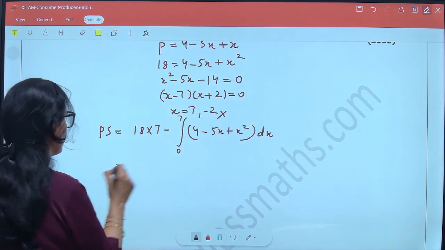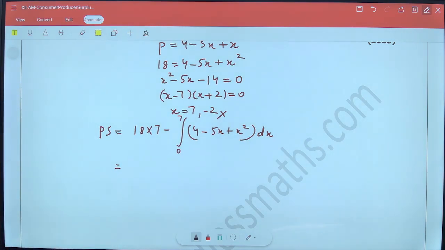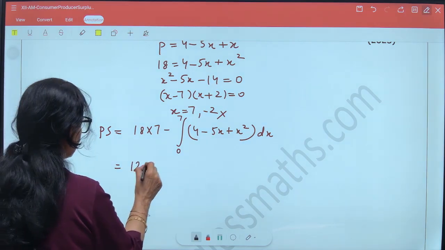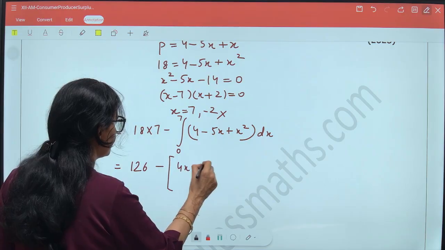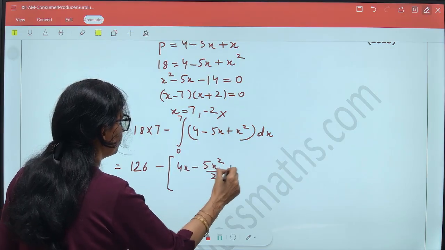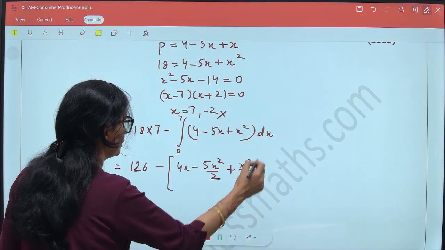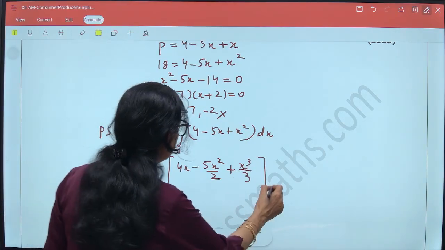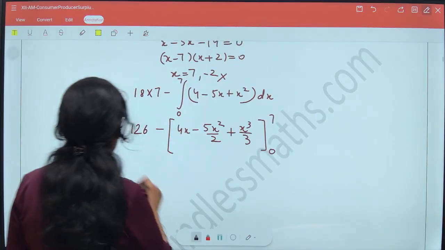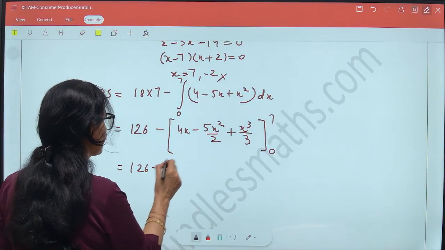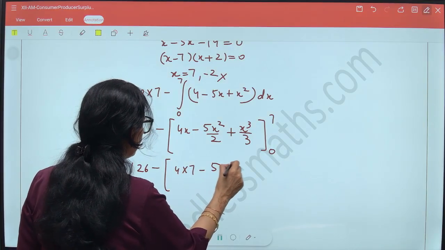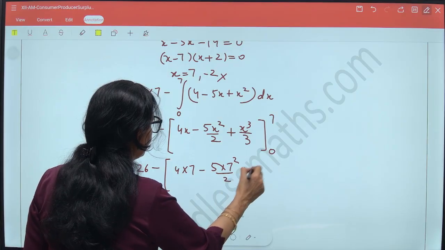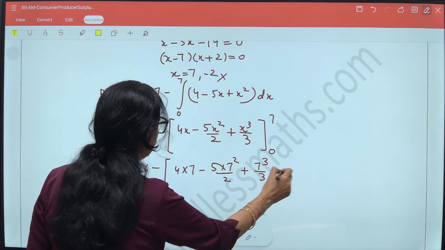So let's just solve this. How much is 18 sevens? 18 sevens is 126. 126 minus the integral of this function, which is 4x minus 5x square by 2 plus x cube by 3, and the limits are 0 to 12. So this becomes 126 minus, let's put the value as 7. 5 into 7 square by 2 plus 7 cube by 3 minus 0.